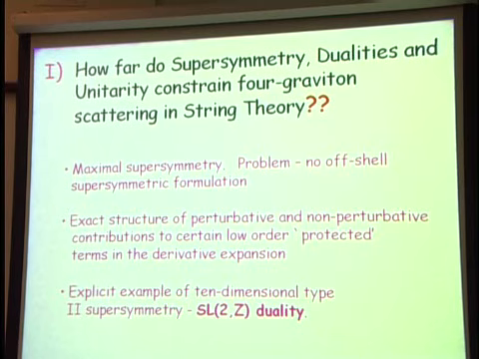These are terms which in some sense are protected. And for example, I'll be talking a lot about the type 2b theory, in which there is the well-known SL(2,Z) duality symmetry, which constrains the amplitude and the action in a very profound way, as we all know.